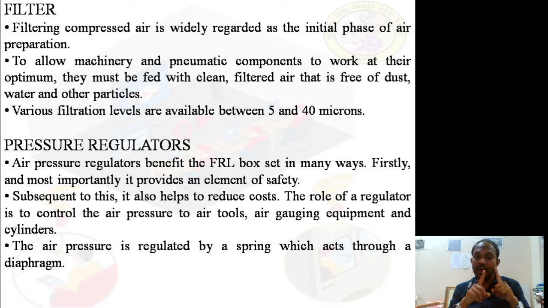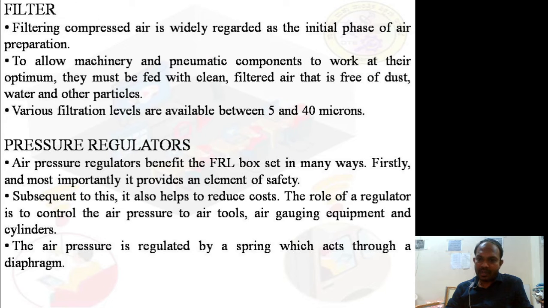Now this is one majorly important point. Subsequently, it also helps to reduce the costs. Correct? The role of the regulator is to control the air pressure to air tools, air gauging equipment and cylinders. Is that clear? That is what a regulator is used for.